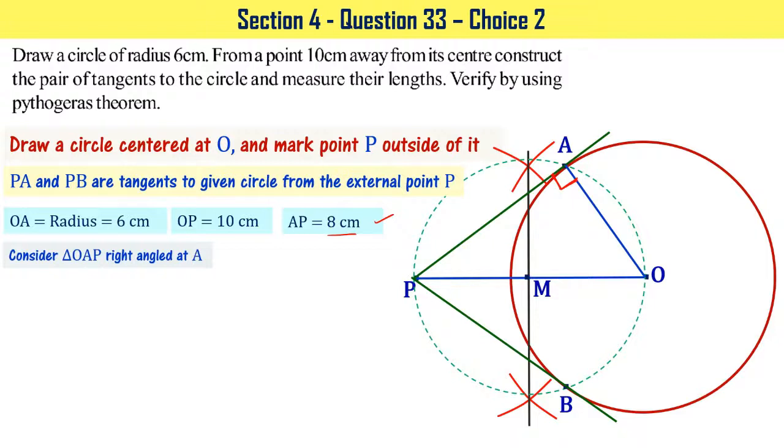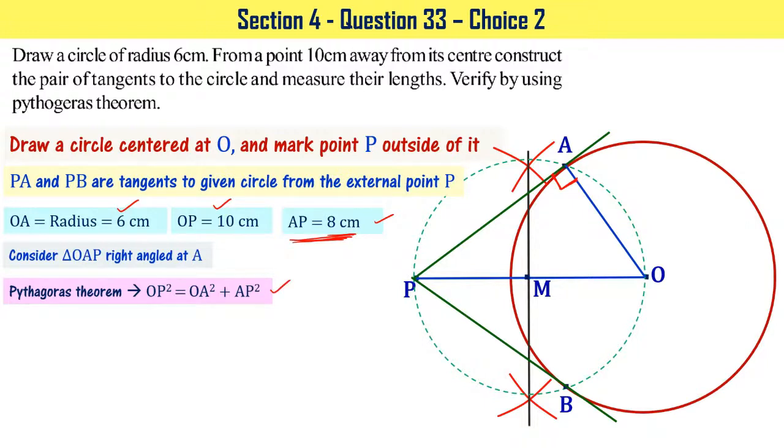It means OP is the hypotenuse of this particular triangle, right? So as per Pythagoras theorem, OP square is going to be OA square plus AP square. We know values of OA and OP. This we know, but we don't want to use it. Actually, we want to verify that, right? It means we want to get the value of AP using Pythagoras theorem.